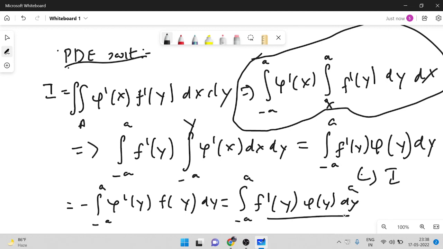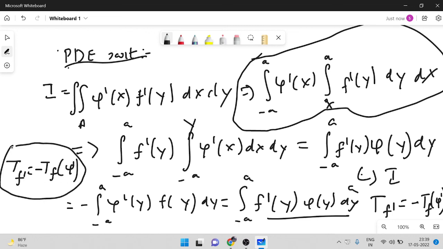So this is basically a distribution on f dash, which is equal to minus T f of phi dash. So you basically have T f dash is equal to minus T f of phi dash. So for the continuous function, this particular equality holds.